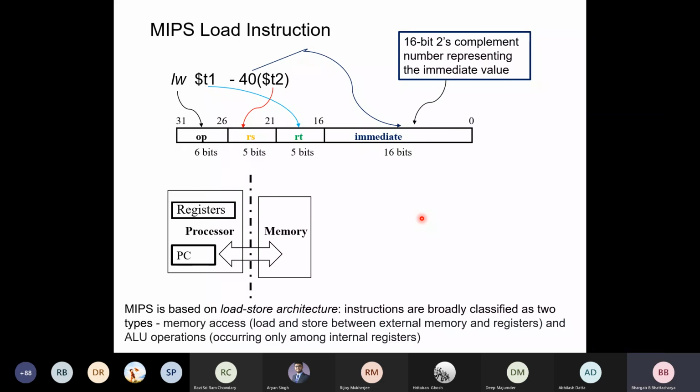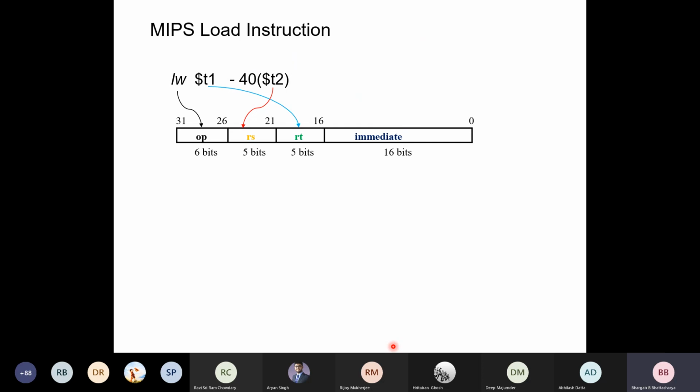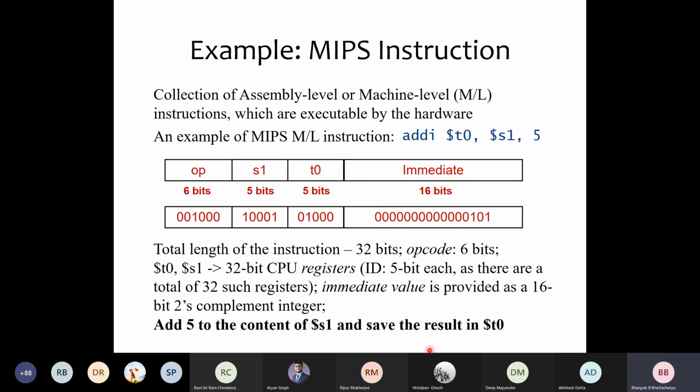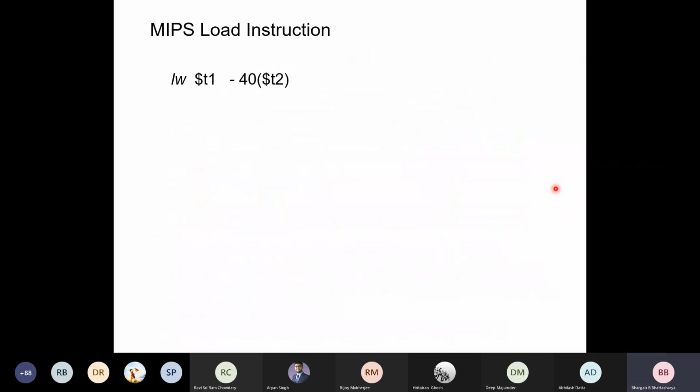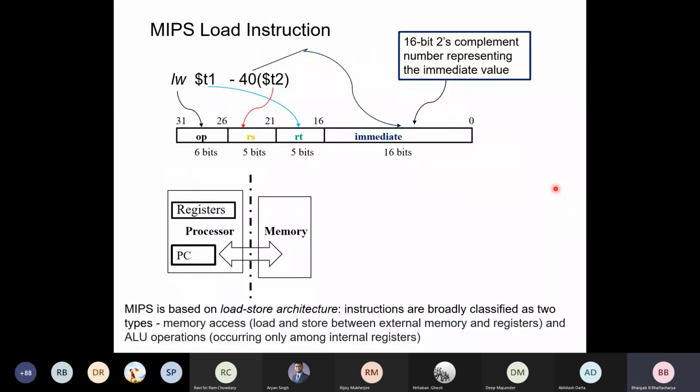So you need to execute a load instruction first in order to bring the required data from memory to the processor side, and then execute the ALU operation separately. When you do an ALU operation, it involves only internal registers, as in the previous case. This is an arithmetic operation, an ALU operation. It involves only registers. There is no memory access here. Clear? Memory access should be done separately using load and store operations. That's why it is called a load store architecture.